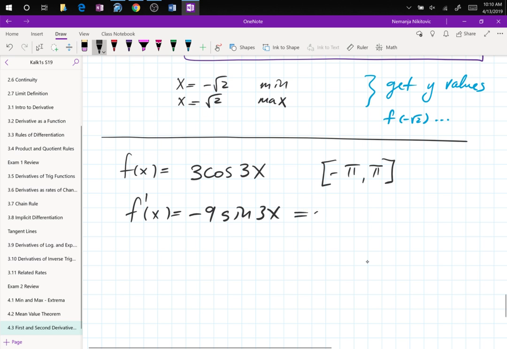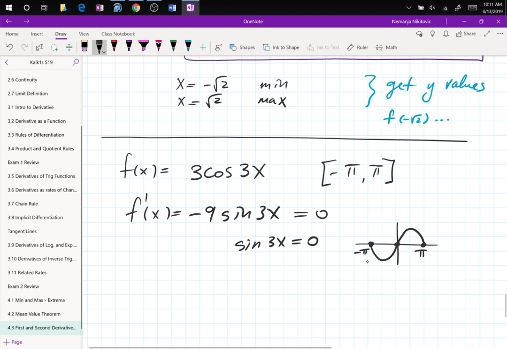And now we're setting this equal to 0. So we have to solve sine 3x equal to 0. So when is that happening? Now I'm going to draw sine x from negative pi to pi and ask you how many times the sine function hits 0. And the answer is it hits 3 times. Now, pay attention. Here is a scoop.